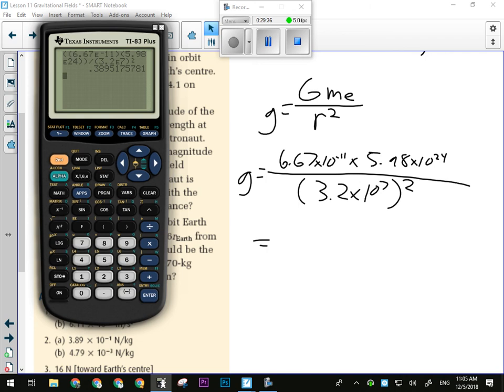Now, what changes in that calculation for part B? The mass of the Earth changes to the mass of the Moon. Everything else remains the same. So if you just take your previous entry and go up and edit the mass, now it's going to be 7.36 times 10 to the 22.